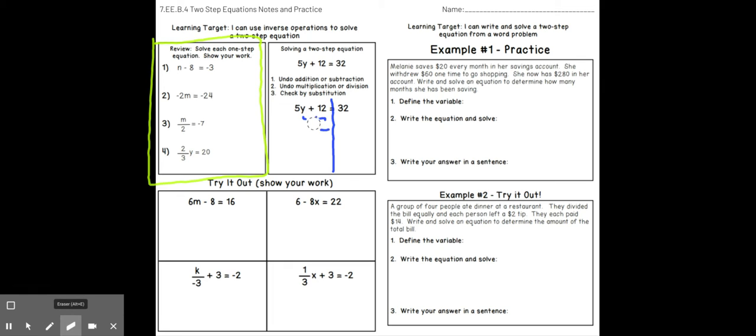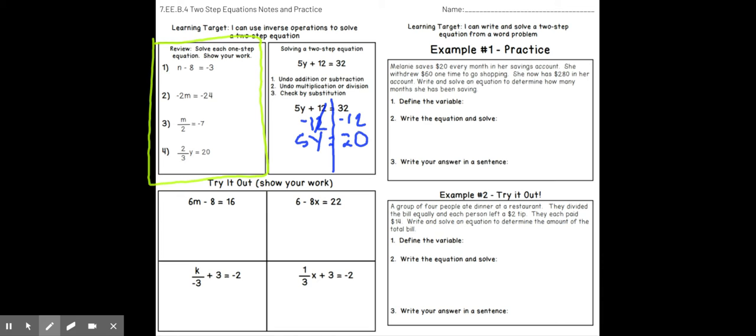Hold on, let me rewrite that so it's not so messy. I would subtract 12 from both sides of the problem. So this would eliminate, it would equal 0, and I would end up with 5y equals 20. Now I need to undo the multiplication or division.